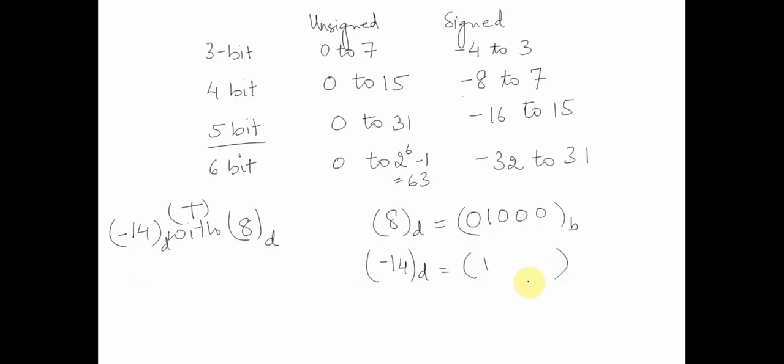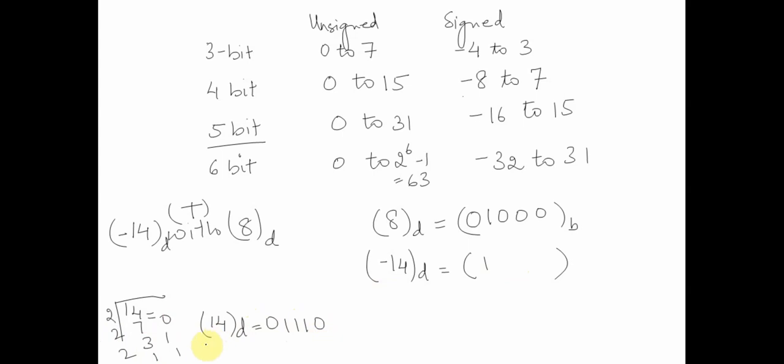So -14 in decimal is equal to, right? Converting 14 in decimal to binary, we divide by 2 repeatedly: remainders 0, 1, 1, 1. So 14 is 1110, or 01110 with the sign bit.